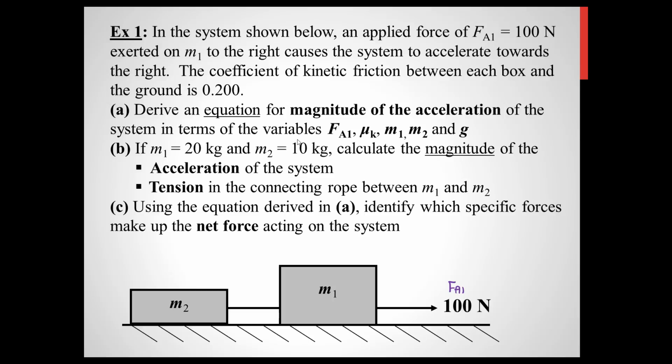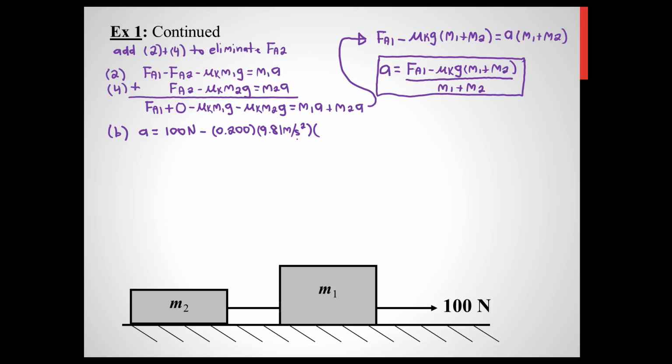Okay. So 20 kilograms plus 10 kilograms. Divide this all by M1 plus M2. I put both the denominator and the numerator in its own set of brackets, and then calculate.